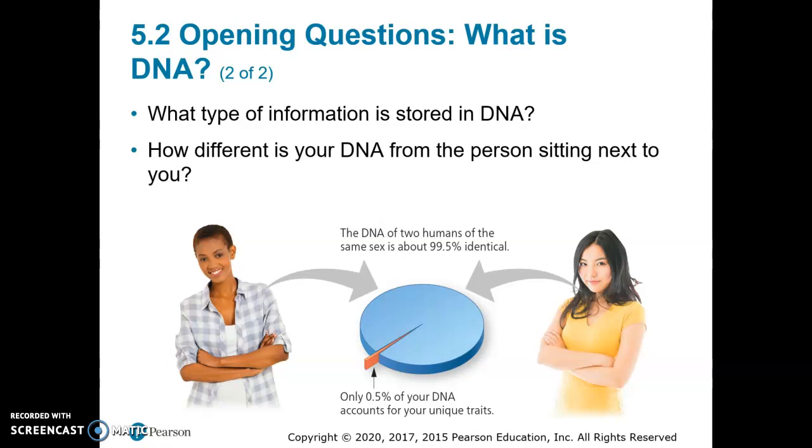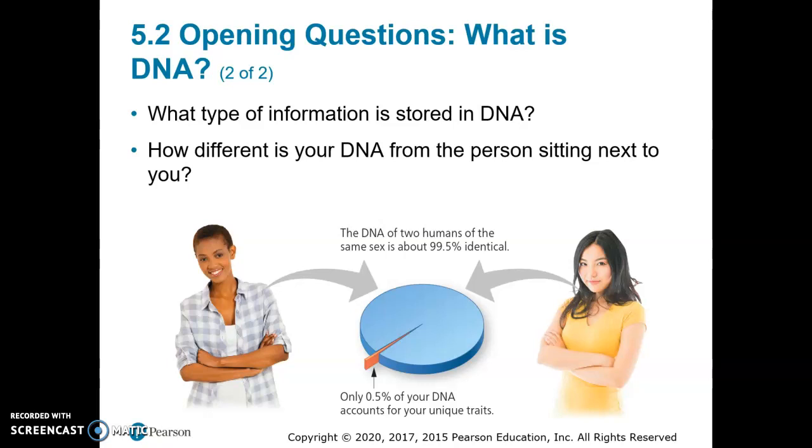With that in mind, in order for 0.5% of you to be unique, it means that you must have a tremendous amount of DNA inside your cells. And that's the truth. So a lot of our genes and a lot of our information is the same. We have information for eyes, ears, and arms.